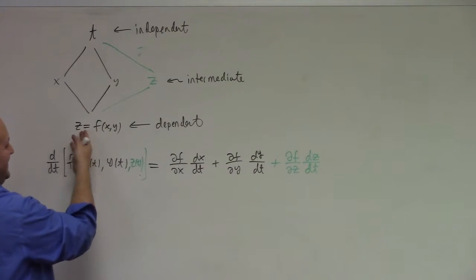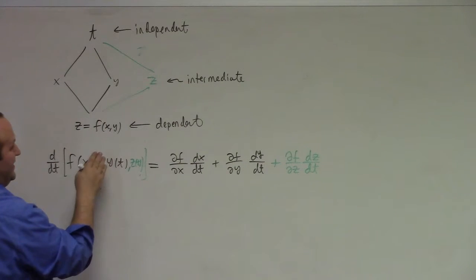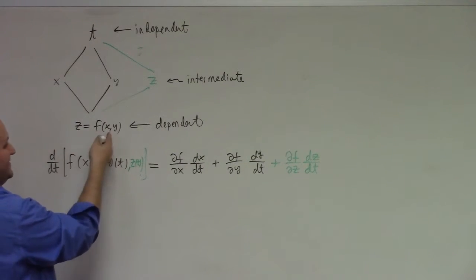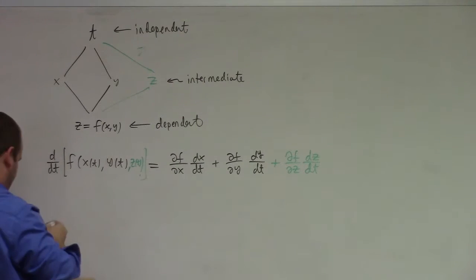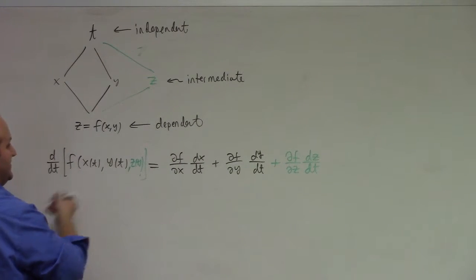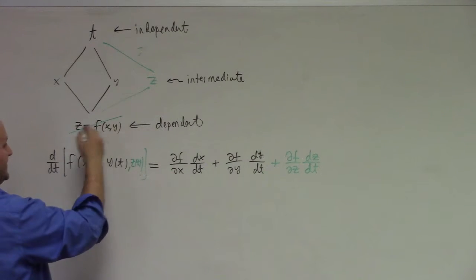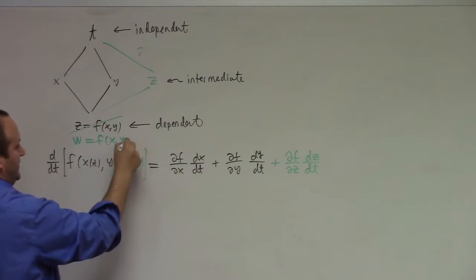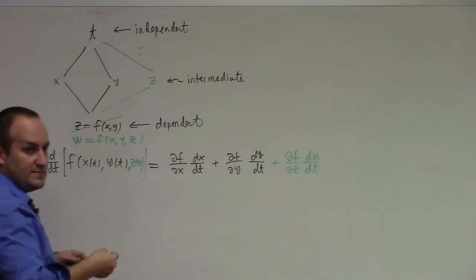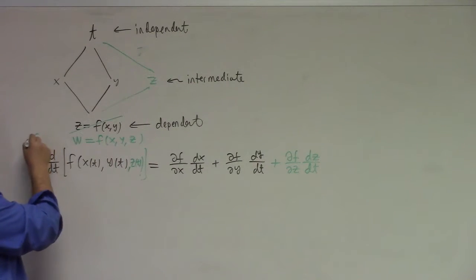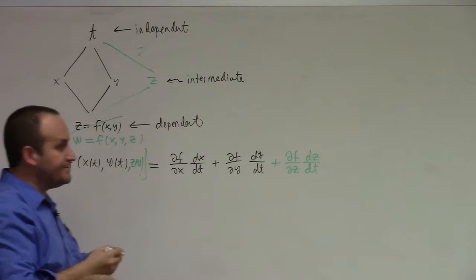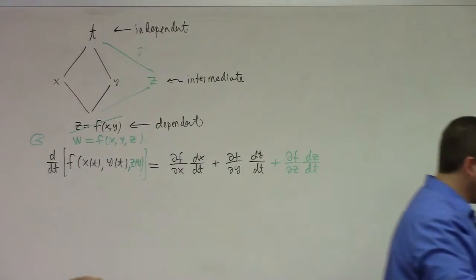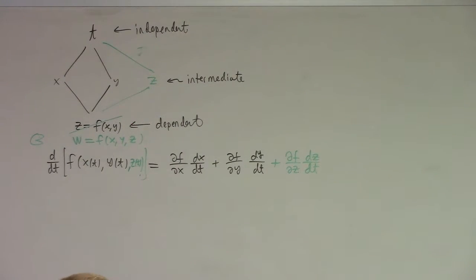Sorry guys, I added the green. When I add the green, this is no longer sensible, right? What do I have to replace that with in order not to violate various terms and conditions of this class? W is f of x, y, z is what I'd have to go with. Something like that. If you don't like W, you could use Pac-Man. I don't care, whatever. Z is used in a different sense, though, so we're stuck with that.